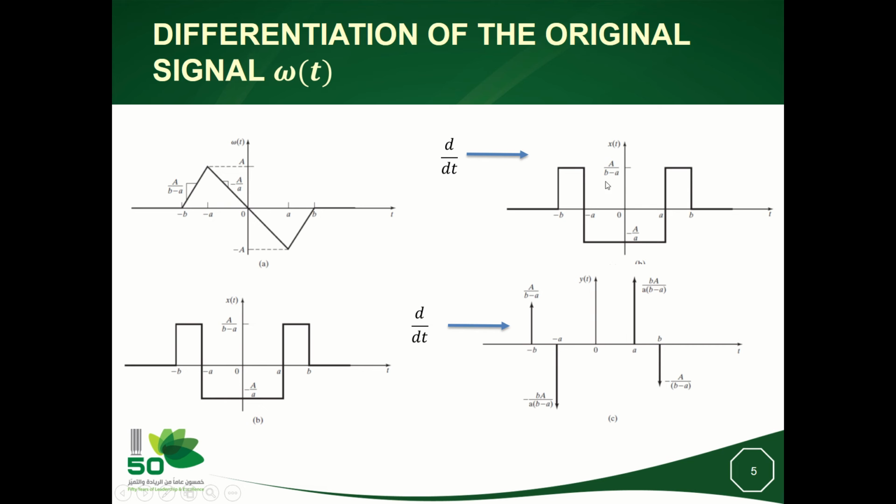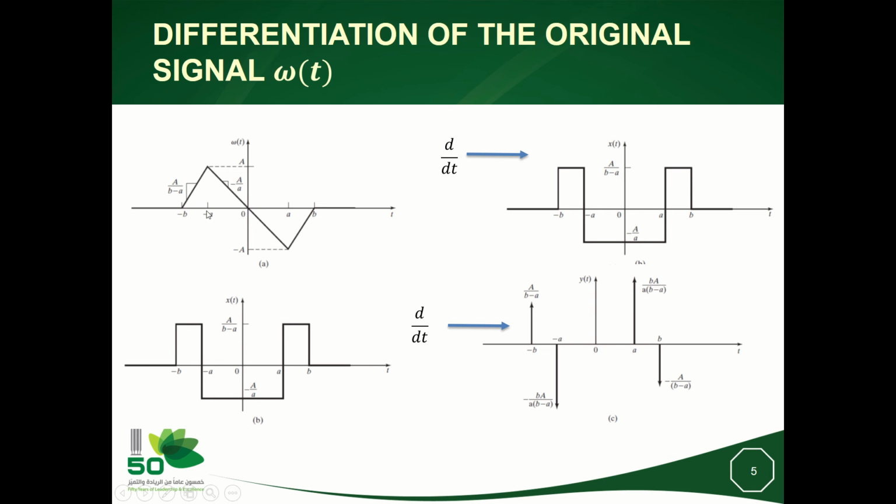So this is why you are seeing a divided by b minus a. It means you have a constant when you move from minus b to minus a. Here we have 0, so this will not change from minus infinity to that point. And then I jump to a constant equal to A divided by b minus a.